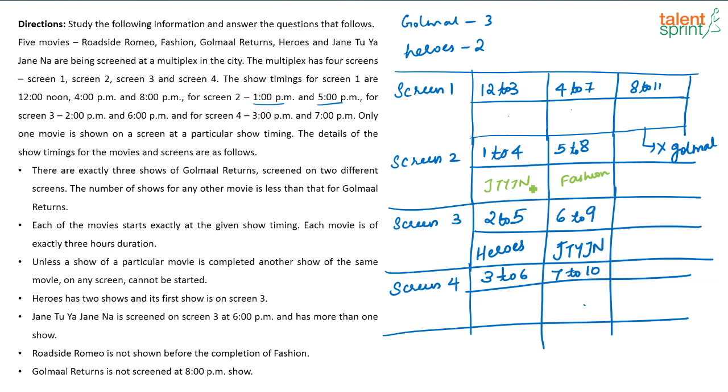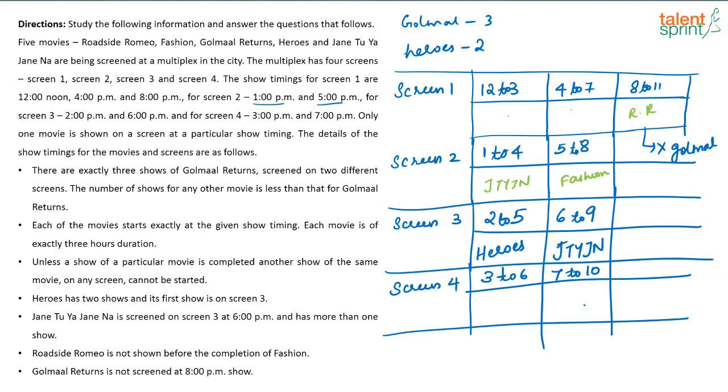It is given here that Roadside Romeo is not shown before the completion of Fashion. So, where should Roadside Romeo come? Fashion is going till 8 o'clock, right? Only after that Roadside Romeo should come. So, Roadside Romeo has to be here.